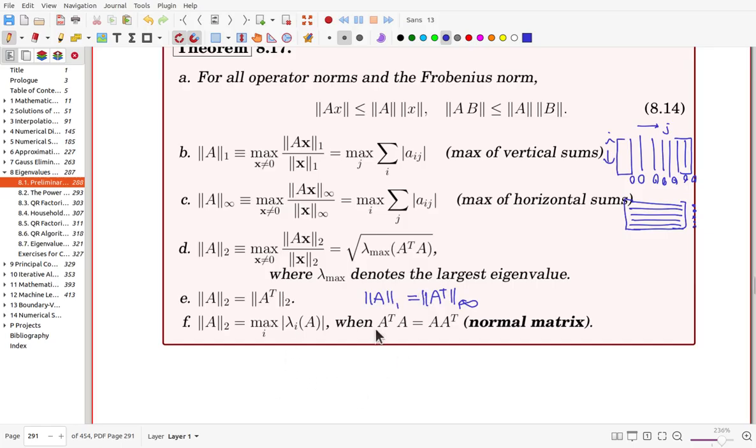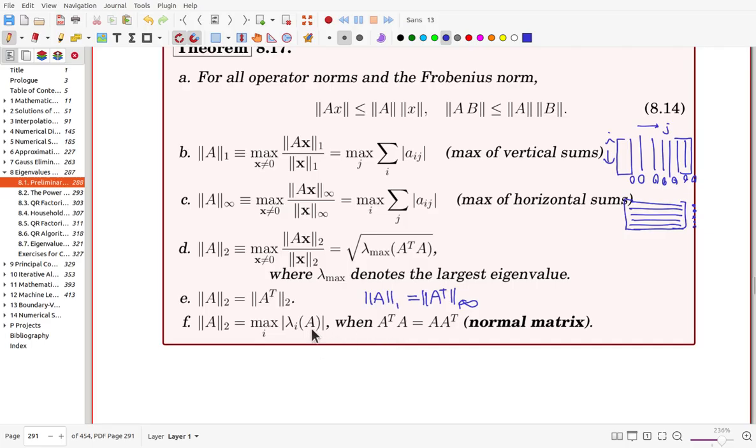Okay, once a matrix is a normal matrix satisfying this equation, then of course, to make this equation meaningful, the matrix must be a square matrix. Now, A transpose A equals A A transpose, and that will be satisfied for every symmetric matrix.